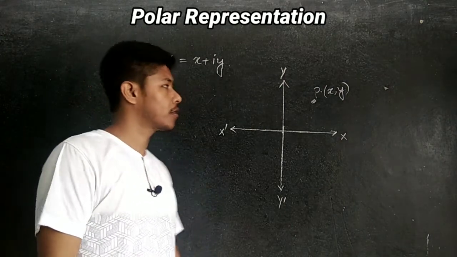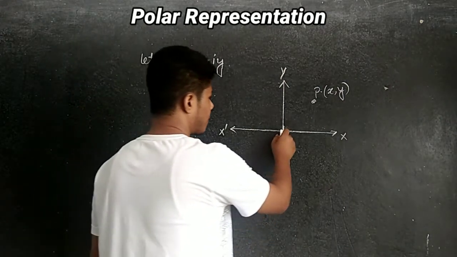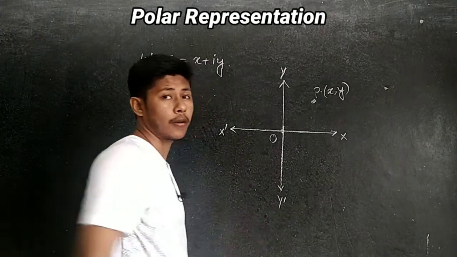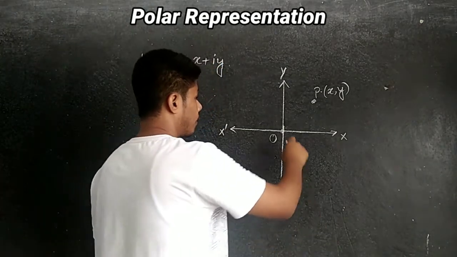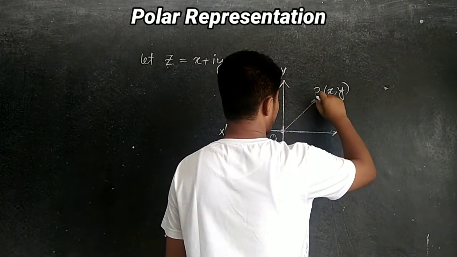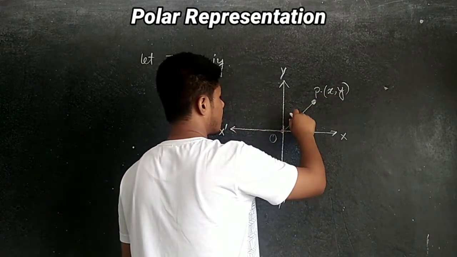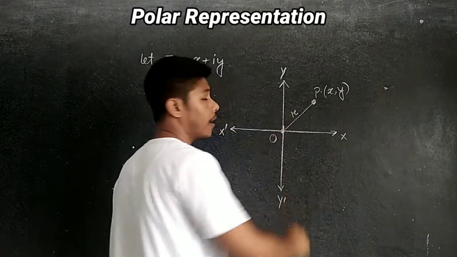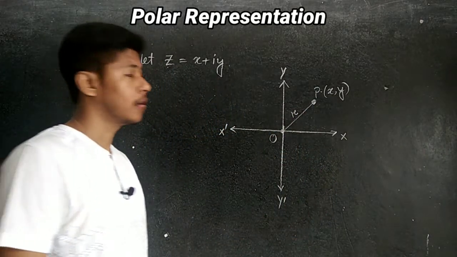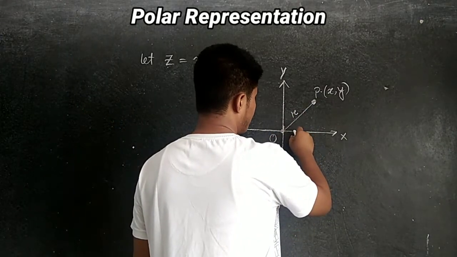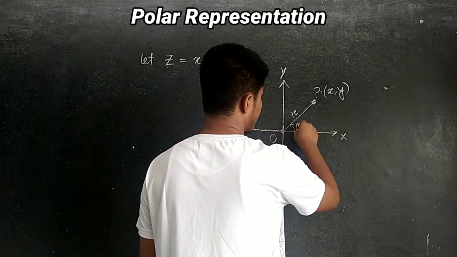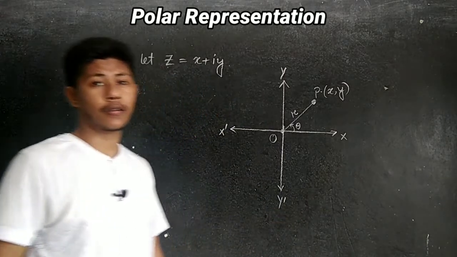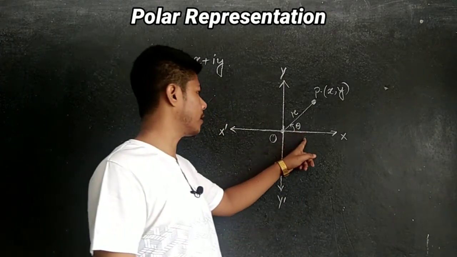Now if this point is the origin, we join it to P and consider the distance to be r. From the x-axis in the positive direction, we consider the angle to be theta.